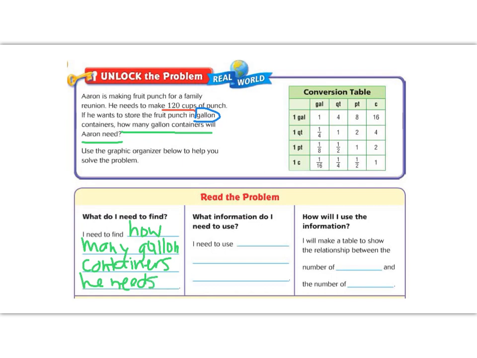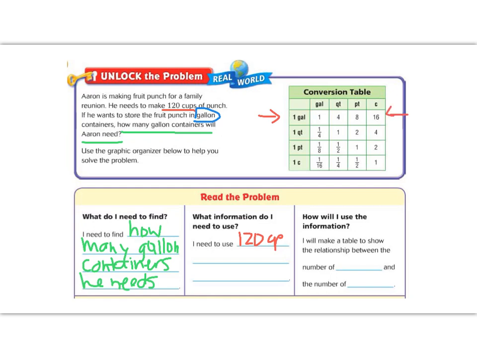Okay, the information that we need to use is that he is making 120 cups, and we also need to know how many cups are in 1 gallon. So if we look up here to this conversion chart, 1 gallon, and then we go all the way across to cups.